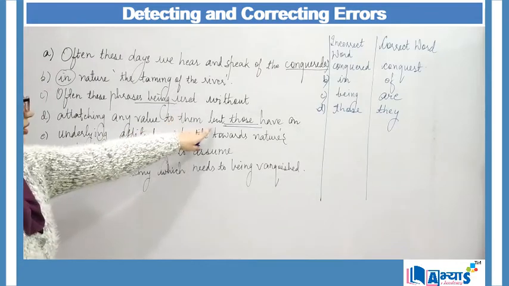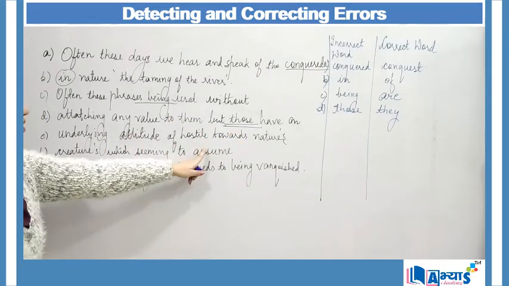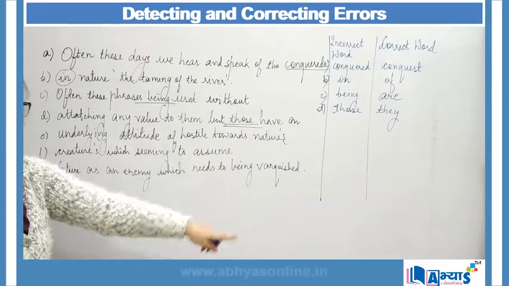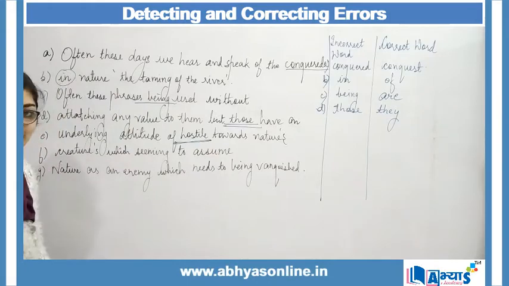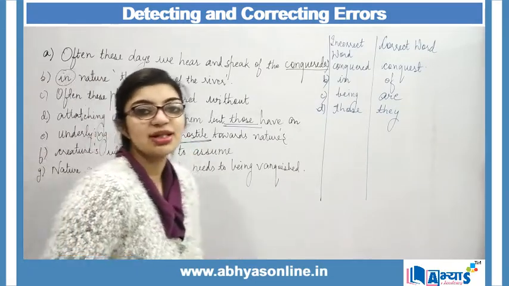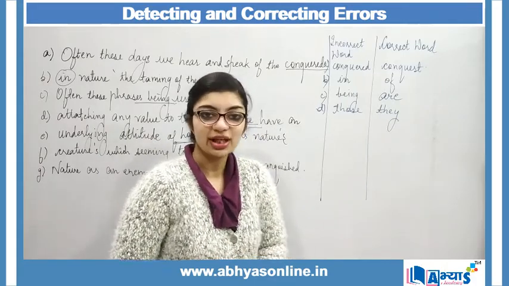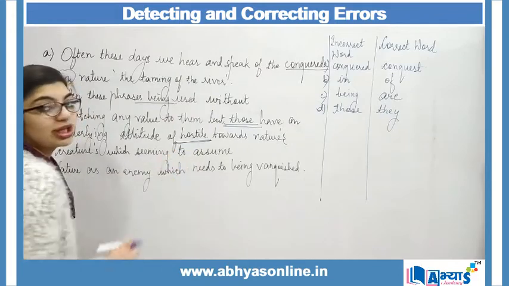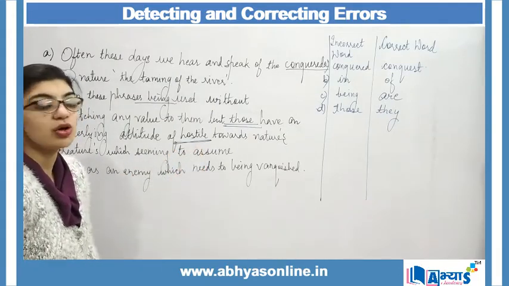They have an underlying attitude of hostile towards nature. Now here, the word hostile is wrongly placed. A word related to hostile will be considered, but it will be hostility. Why? Because here a noun will be placed. So instead of hostile, we will be saying hostility.